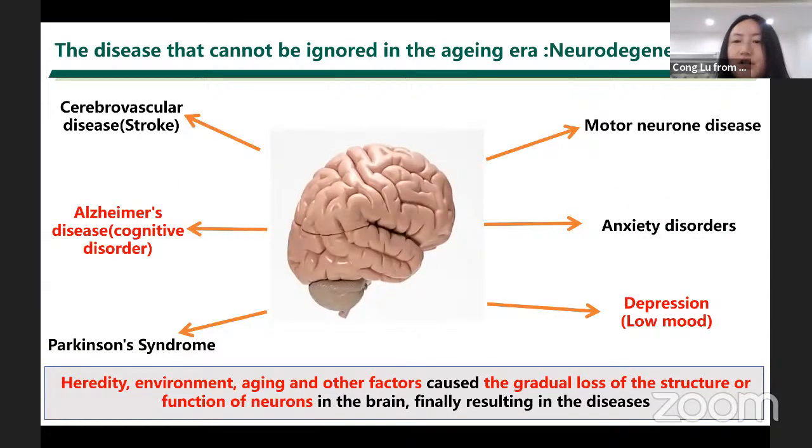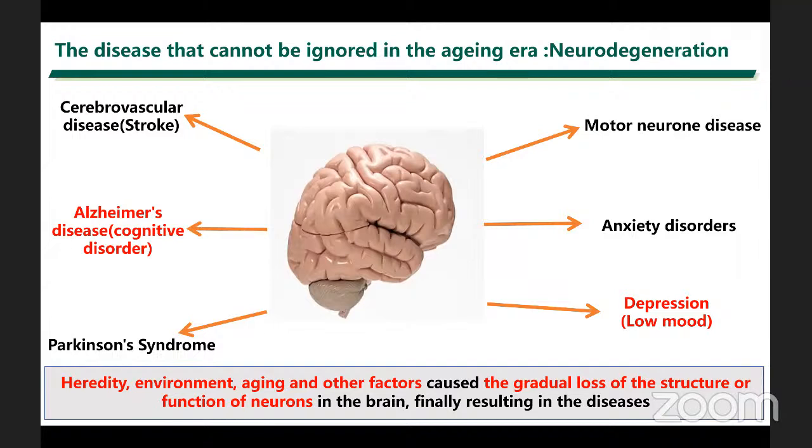As we all know, neurodegeneration can't be ignored in the aging population, such as stroke, Alzheimer's disease, Parkinson's, anxiety, depression, and so on. Heredity, environment, aging and other factors cause the gradual loss of the structure and function of neurons in the brain, finally resulting in these diseases.